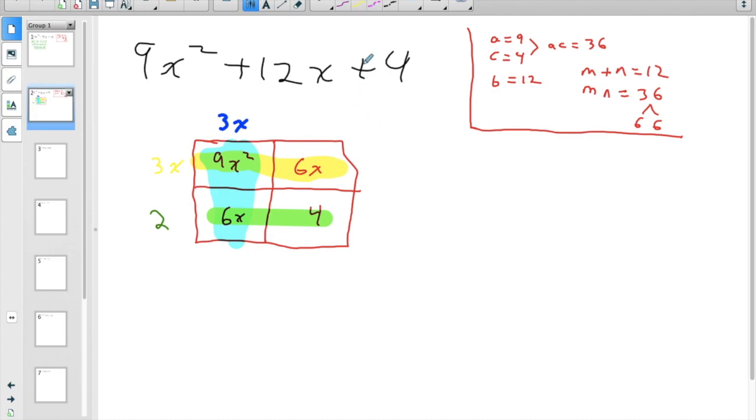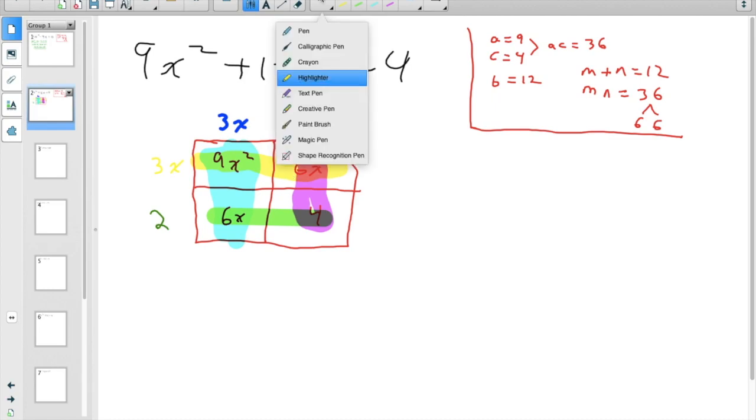Okay, and then we look at the right-hand side. On our right-hand side, we have a 6x and a 4.